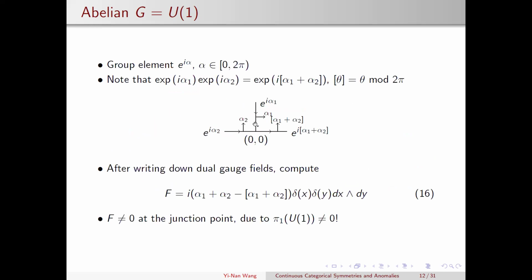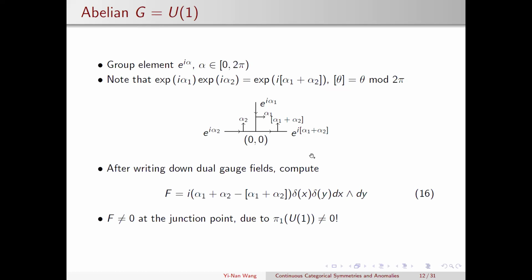Okay. Now let's analyze the case of a junction of three TDLs. Each piece is labeled by a group element e to the i alpha, where alpha takes values from 0 to 2 pi for the U1 case. The key point is that the product of these two group elements is equal to e to the i, square bracket alpha 1 plus alpha 2, where the square bracket means mod 2 pi. It's just restricting alpha to take values from 0 to 2 pi.